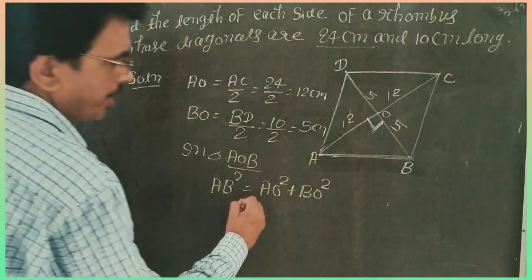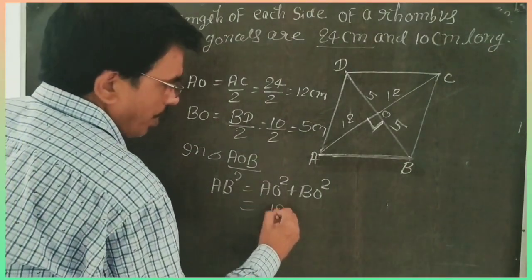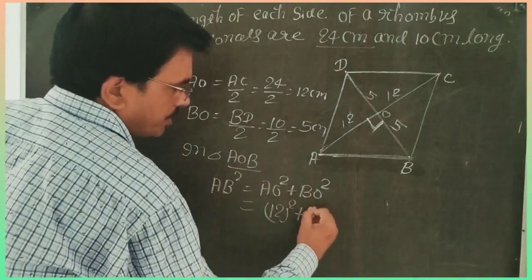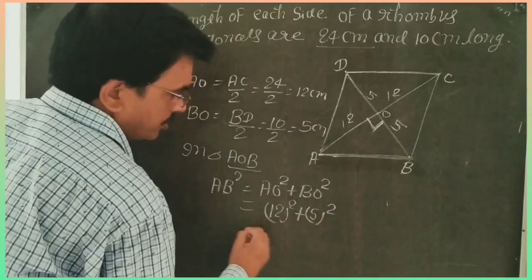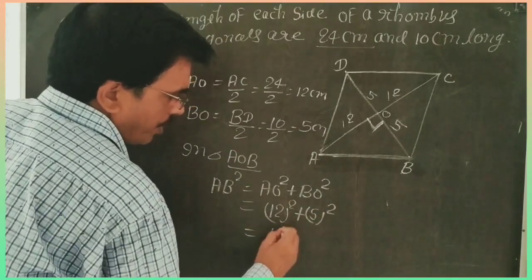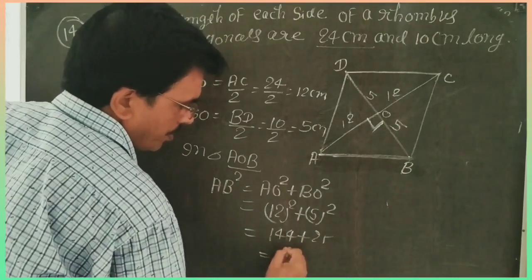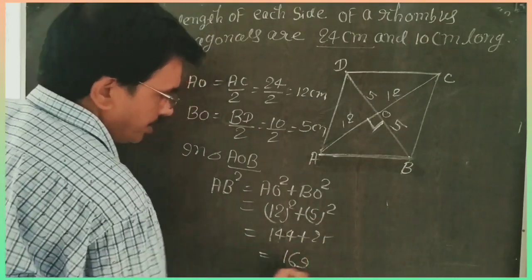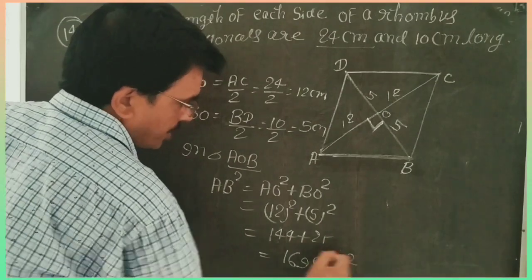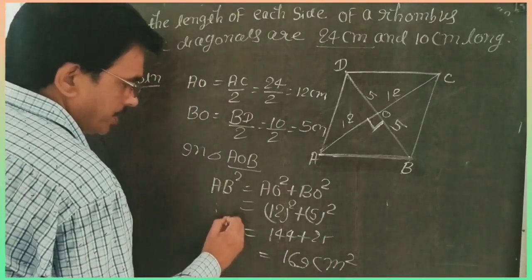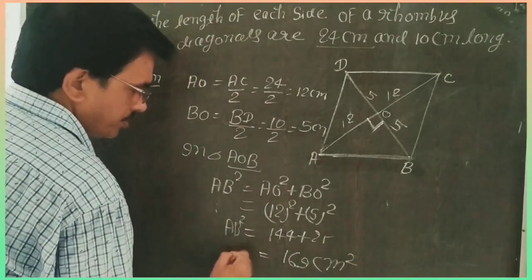So we write here 12 square plus 5 square, that is 144 plus 25, that is 169 cm square. This is AB square.